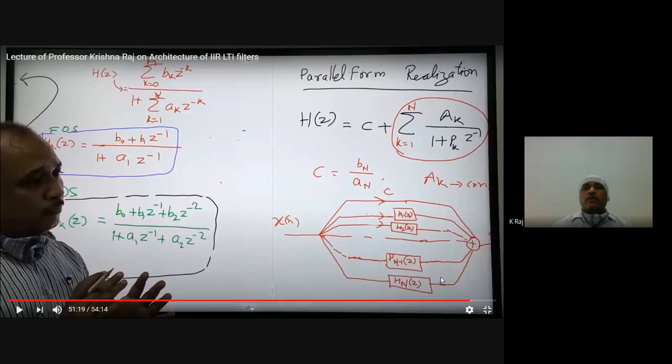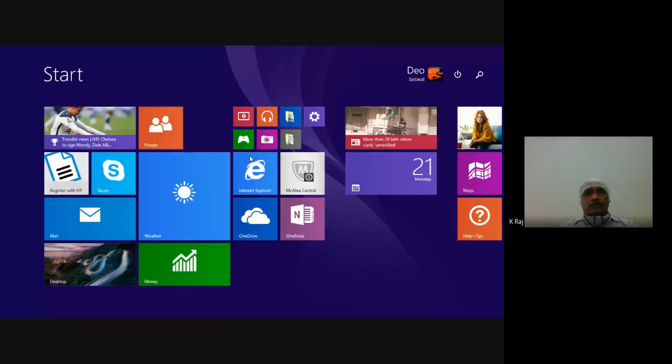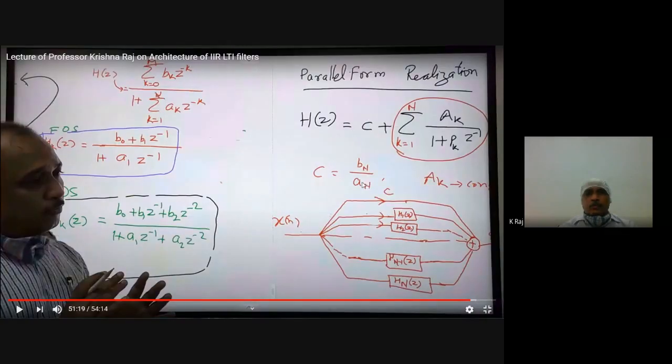So this will be the parallel form architecture for this filter. That is, H(z) is mathematically represented as C plus the summation from k equal to 1 to n of ak divided by 1 plus pk z to the power minus 1, and C will be described by this relation. C is equal to Bn by An, and ak is a constant.